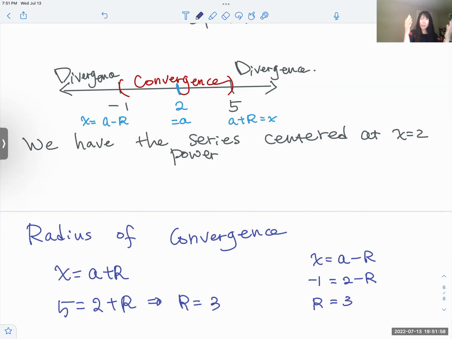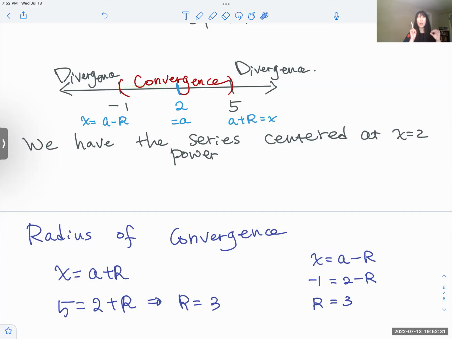Okay. And then when we see the interval, we can see that from 2 there is the radius of convergence, which is 3 units there. Can you see that? And the radius of convergence on the left side is also 3. Yes? Okay, very good.